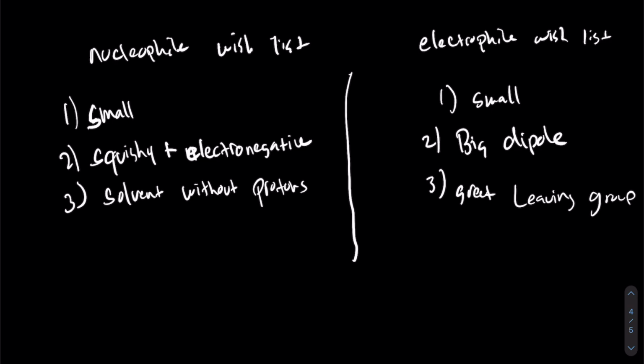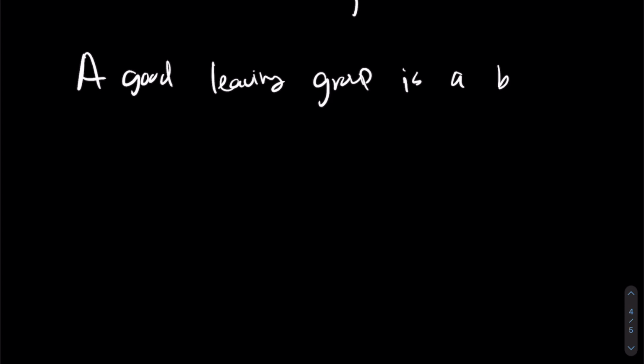It really should just be a really bad base. So a good leaving group is a bad base. And you'll note that I didn't say it's a bad nucleophile, because you can actually have a good leaving group that's a good nucleophile. It just has to be a bad base.